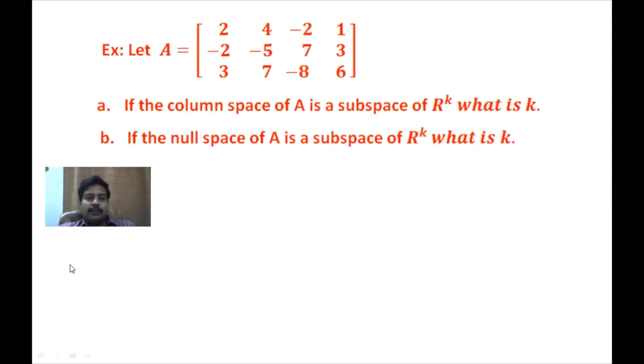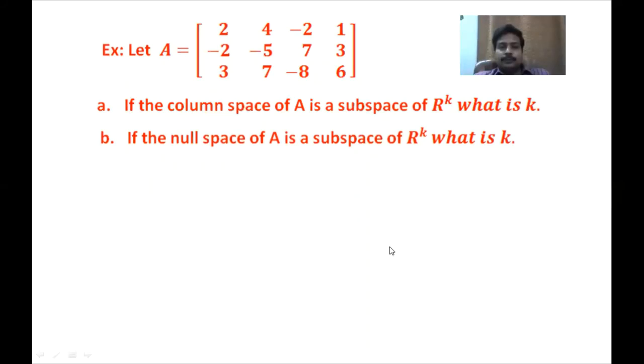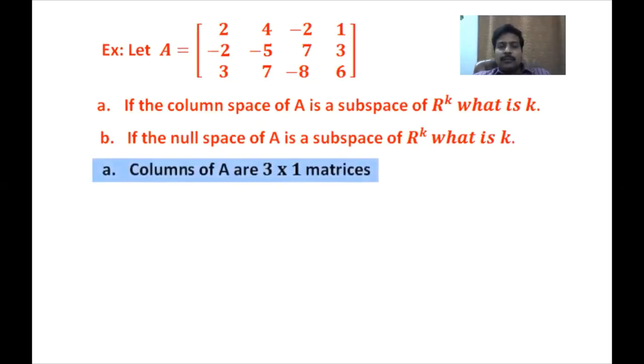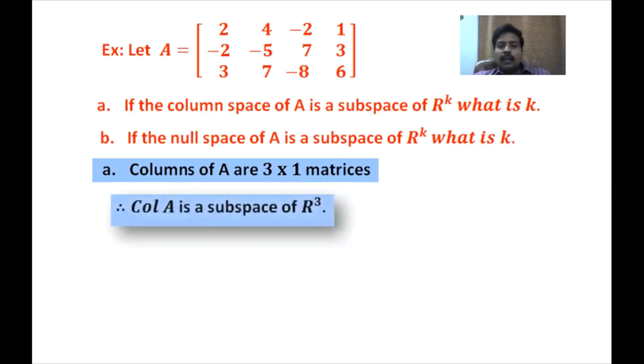If the null space of A is a subspace of Rk, what is k? So columns of A are 3 by 1 matrices. So each column is a 3 by 1 matrix. So column space A is a subspace of R3 as per our previous theorem. So k is equal to 3 in this case.